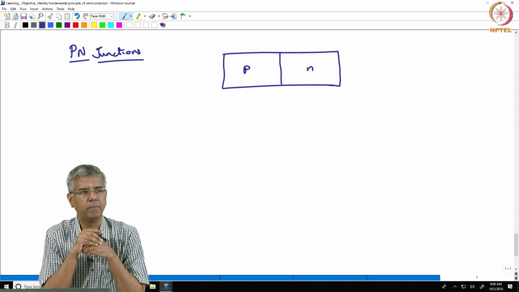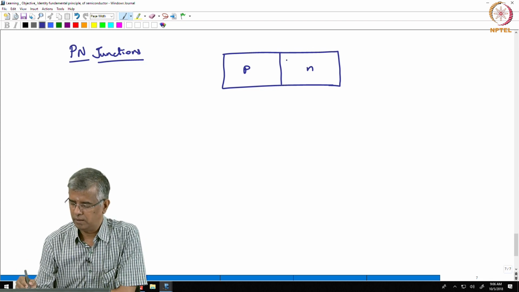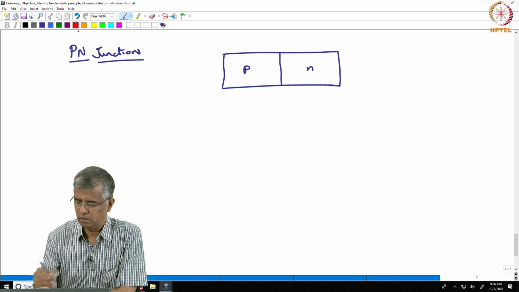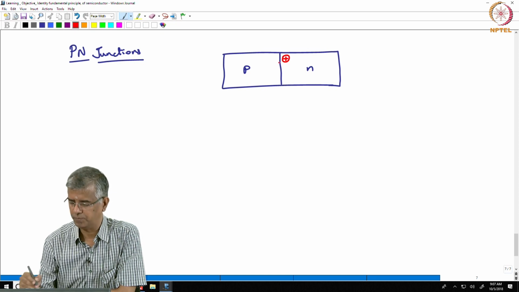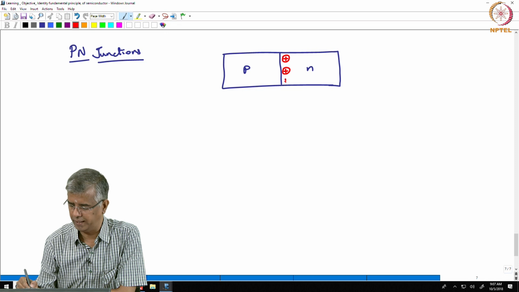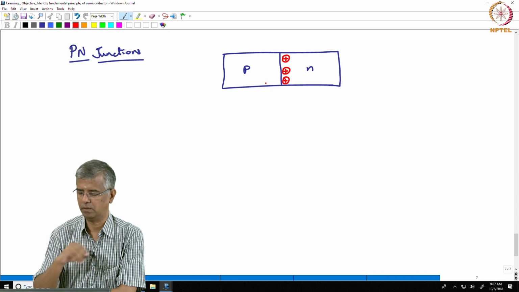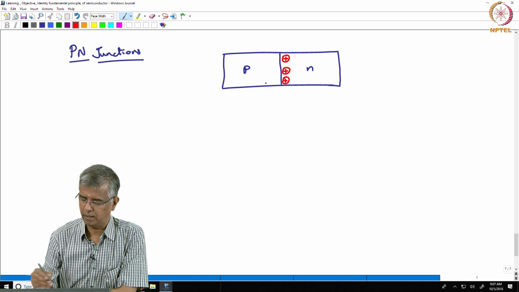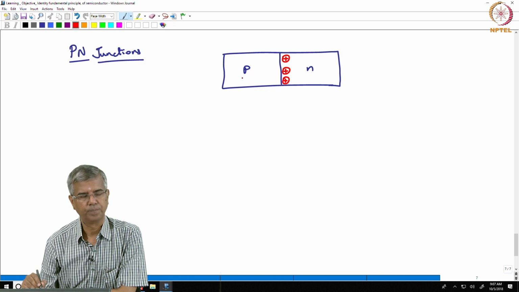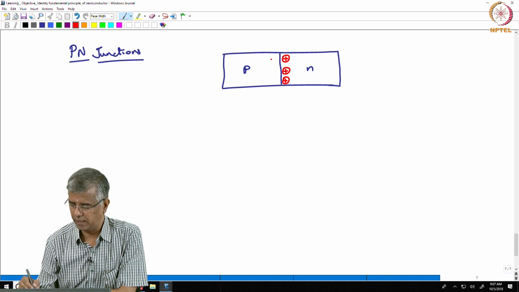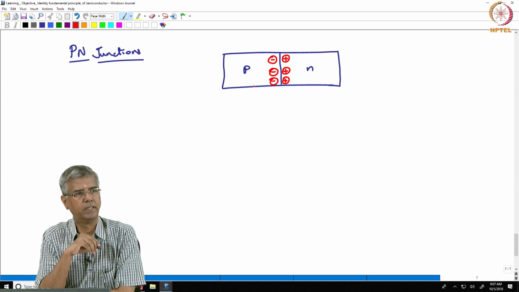So the moment you bring them together, you are going to have electrons leaving the n-type semiconductor, and that leaves behind some fixed, positively charged ions. And similarly, when the holes leave from the p side to the n side, that is going to leave behind fixed negative charges.